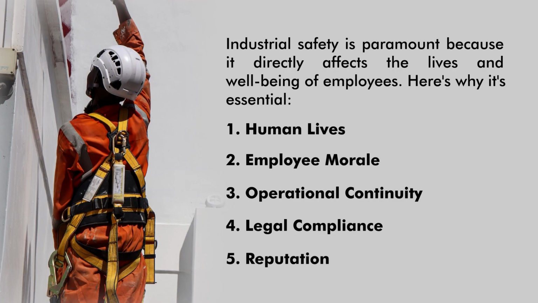A strong safety program keeps the organization in compliance with the regulations. Next one is reputation. Means organizations with a solid safety record earn a positive reputation for prioritizing employee welfare, attracting talent and building trust with the clients and stakeholders.